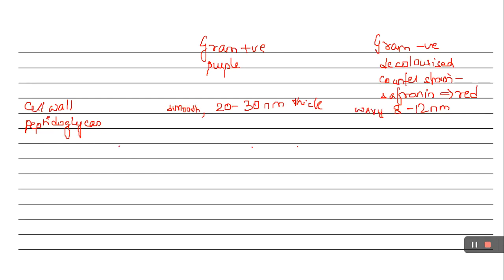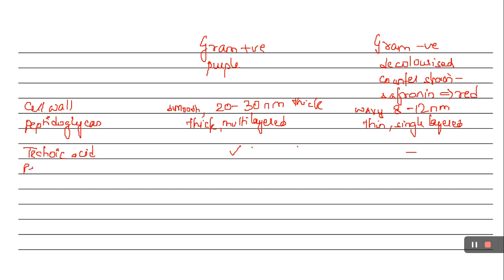The peptidoglycan layer is thick and multi-layered in gram positive bacteria, and thin and single layered in gram negative bacteria, because the peptidoglycan layer is very thin. Teichoic acid is another chemical compound present in gram positive bacteria and absent in gram negative bacteria.